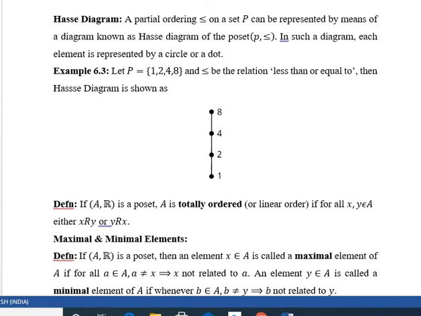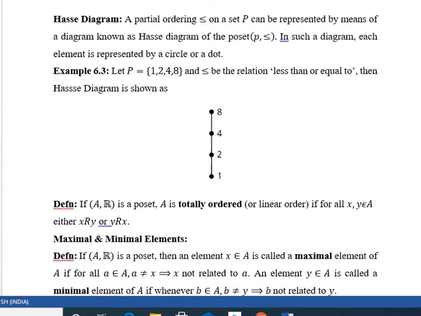Next definition: if (A, R) is a poset, A is totally ordered, or a linear order, if for all x, y element of A, either x related to y or y related to x. Next we have maximal and minimal elements. If (A, R) is a poset, then an element x of A is called a maximal element of A if for all a element of A, a not equal to x implies x is not related to a.